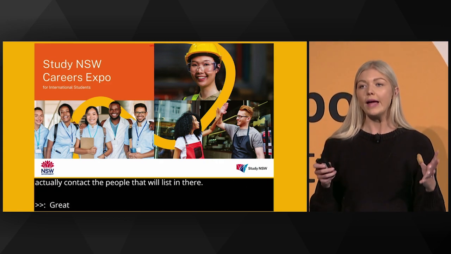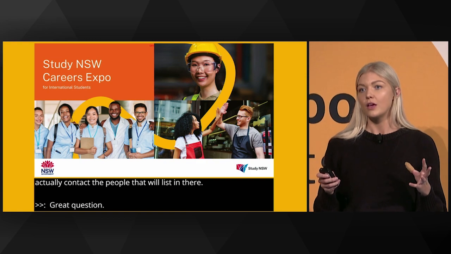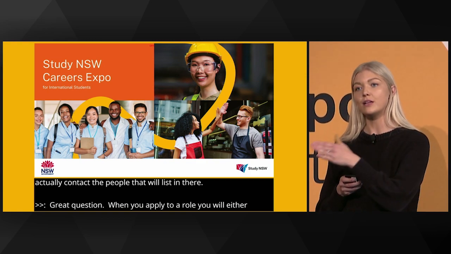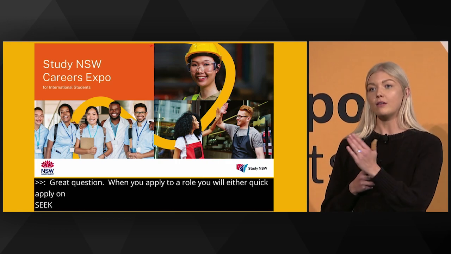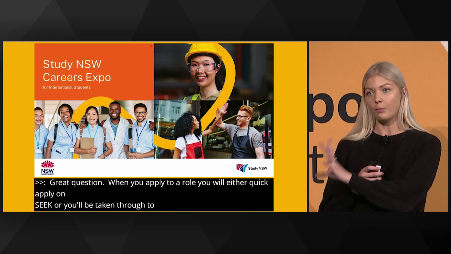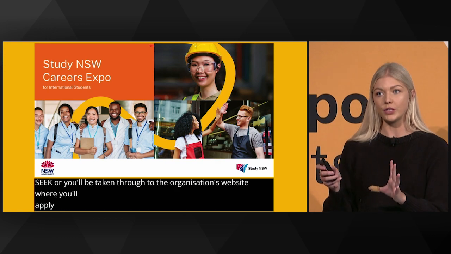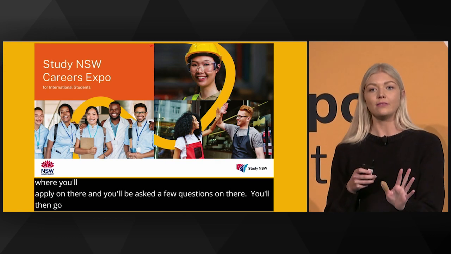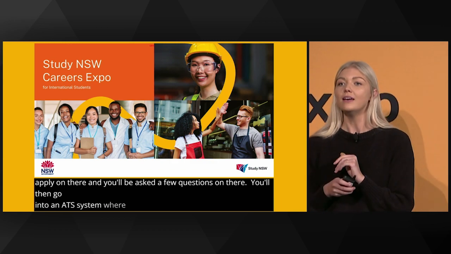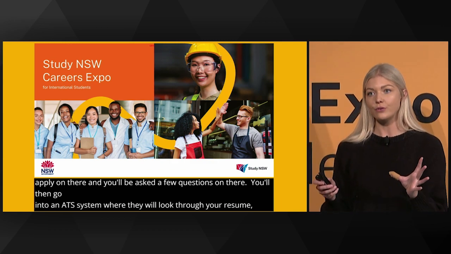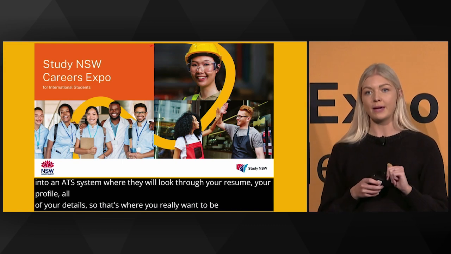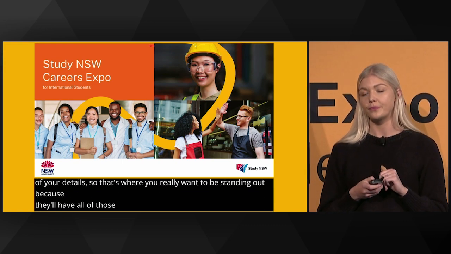So when you apply to a role, you will either quick apply on Seek or you'll be taken through to the organisation's website where you'll apply and be asked a few questions. You'll then go into an ATS system where they will look through your resume, your profile, all of your details. So that's where you really want to be standing out, because they'll have all of those resumes coming in for that particular role.